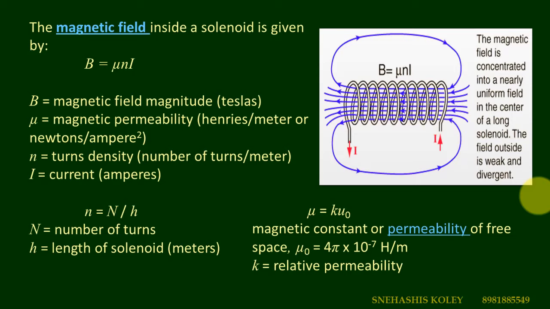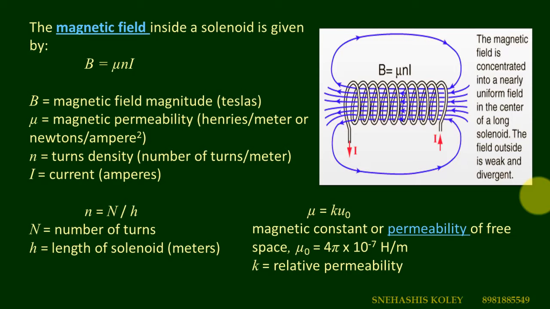And number 2, the direction of the magnetic field due to a solenoid can be reversed by reversing the direction of the current. So we can reverse the direction of the magnetic field by reversing the direction of the current, but it cannot be done with a bar magnet. As you see, there are also some similarities between bar magnet and solenoid.